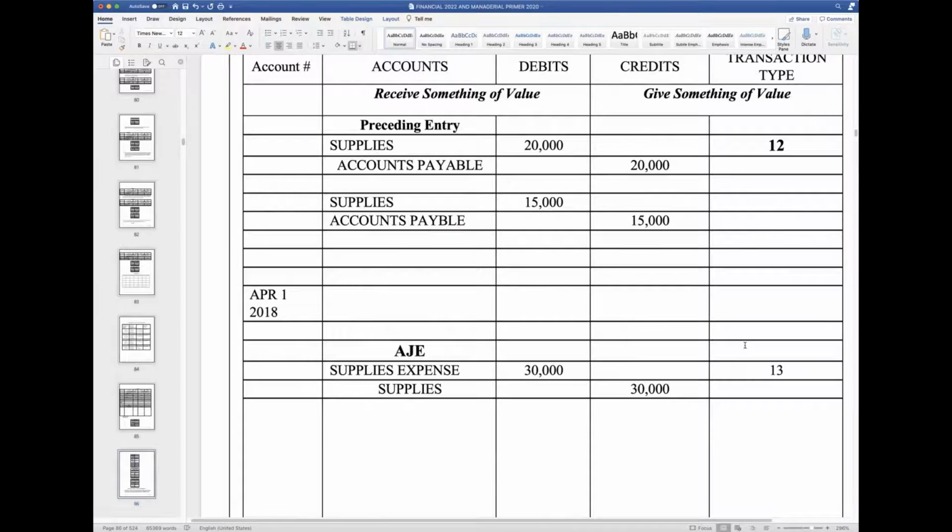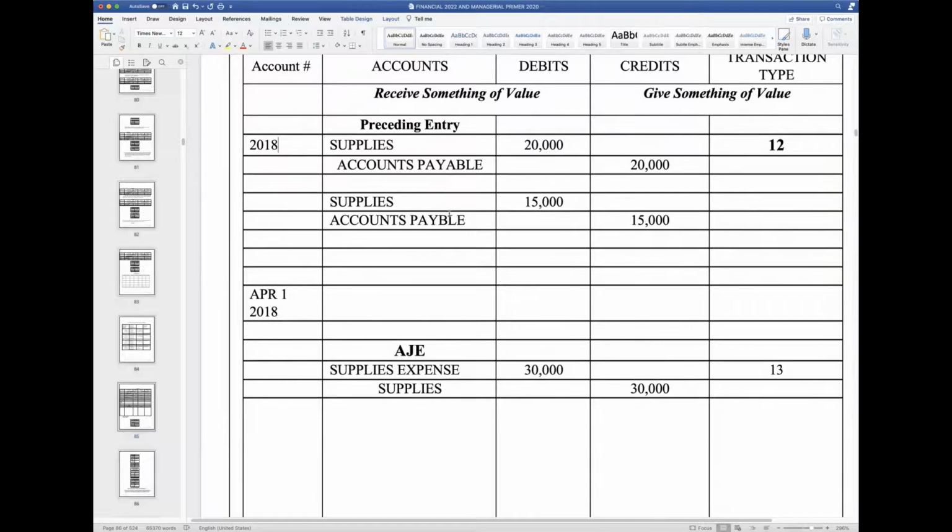So here we have the journal. That difference that we got from 2018, the 20,000 plus 15,000 plus the 5,000, that's 40,000. We subtract the ending balance from the 40,000, which gives us the AJE. Then that's what we put under supplies and supplies expense.